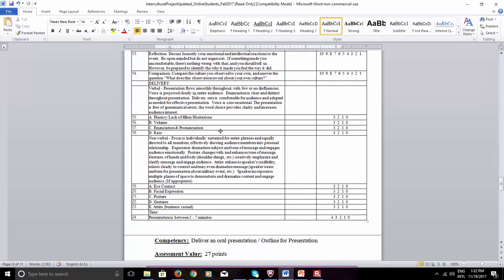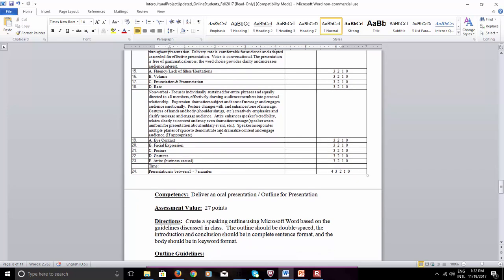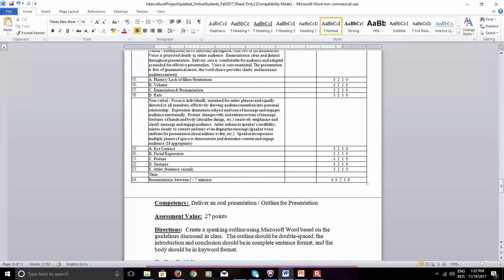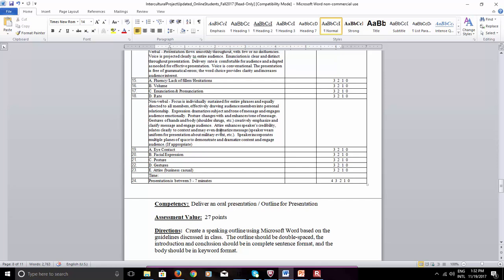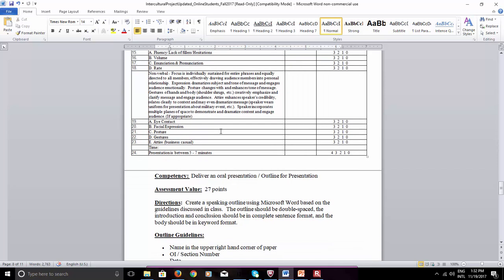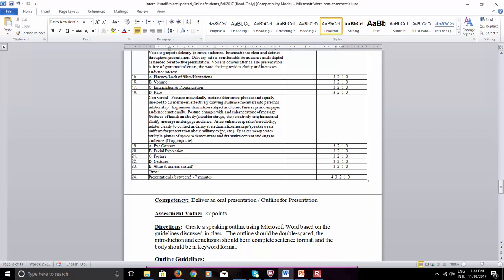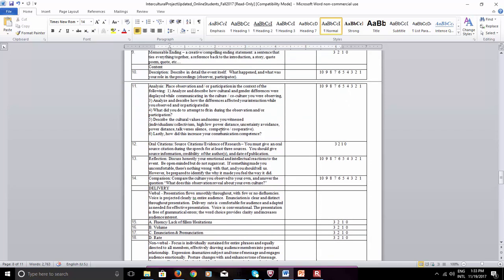And then your delivery, broken up into vocal aspects of delivery and nonverbal aspects of delivery, those are worth 3. And then your presentation should be 5 to 7 minutes in length, and that's on a 4, 3, 2, 1, and 0 scale. So that breaks up how you want to structure and organize your presentation.